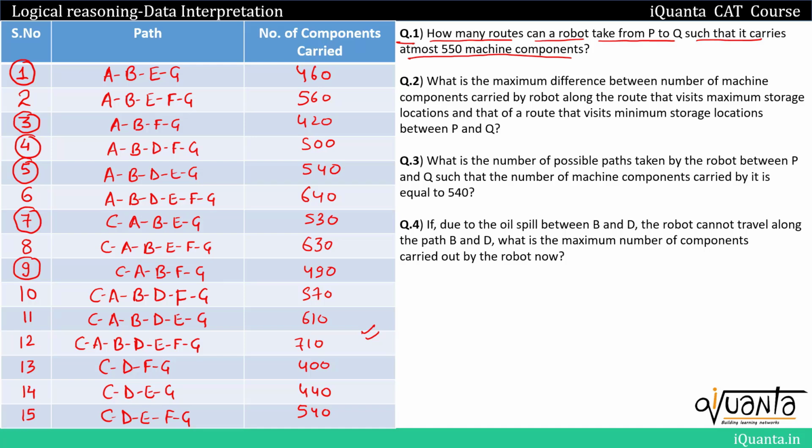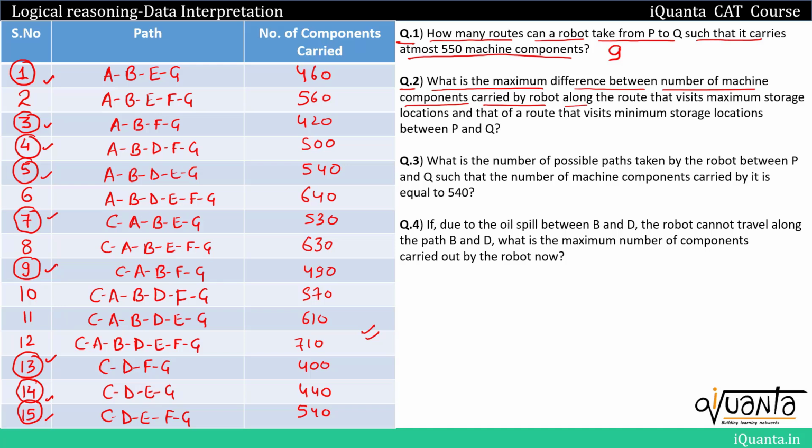Then we have 13th one, 14th one and 15th one. So there are 1, 2, 3, 4, 5, 6, 7, 8, 9 such routes possible.